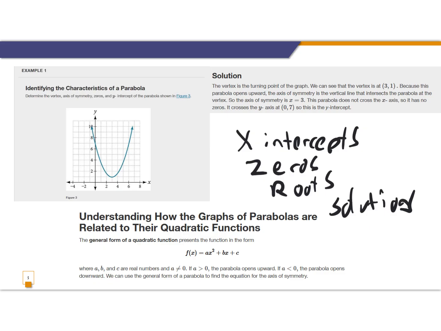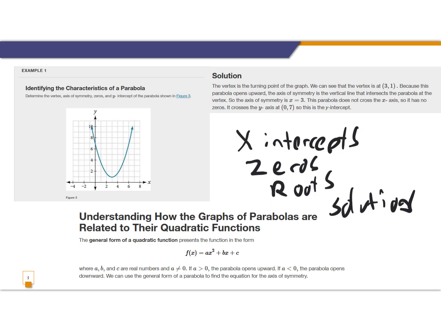Let's look at the next part of the lesson. Understanding how the graphs of parabolas are related to the quadratic function. Remember, that was one of the bullets in the objectives for the lesson. I gave you a part from the book. The quadratic function has the highest power of 2.